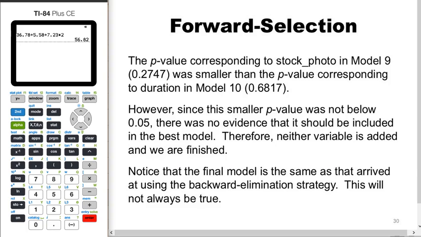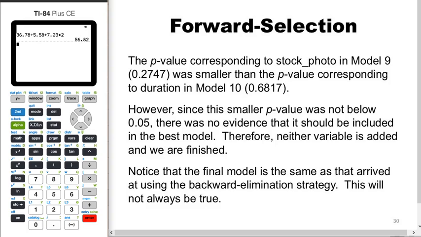The p-value corresponding to stock photo in model 9 was smaller than the p-value corresponding to model 10. However, neither of these were below 0.05, so there was no evidence that stock photo should be included in the best model. Therefore, neither variable is added, and we are finished.